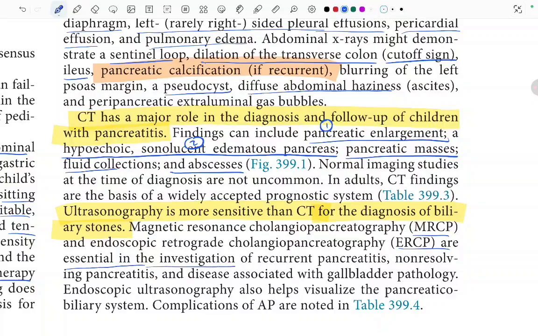If there is recurrent pancreatitis, then we should do these investigations.